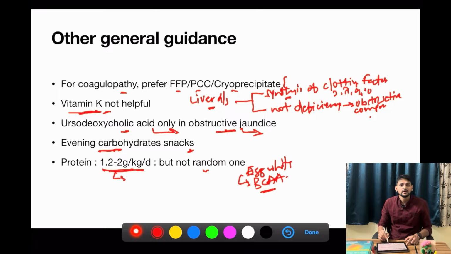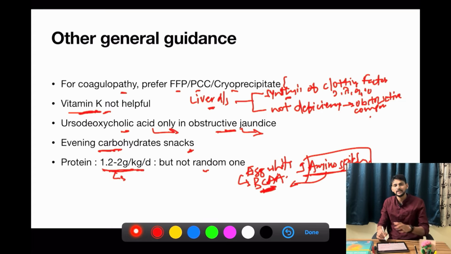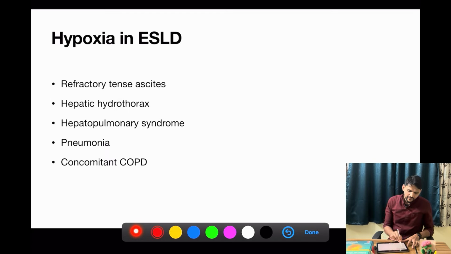So this point you have to verify as being a responsible physician. Don't just randomly prescribe any protein powder, because majority of the times they will be filled with amino spiking, in the sense not a good quality of protein is used in majority of the protein powders. So this point is very important. Please check, there should be predominance of branched chain amino acids whenever you are writing a protein powder. Otherwise, just advise them to take egg whites and the natural forms of proteins. This is the overall point.